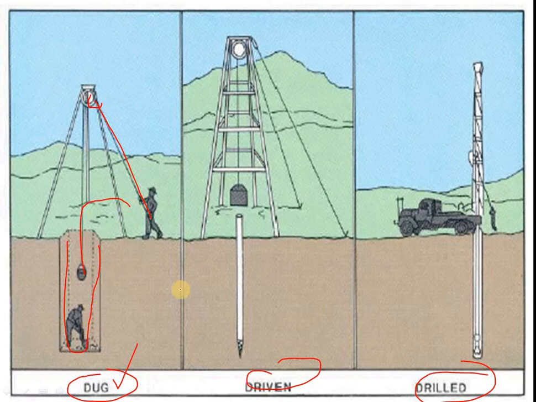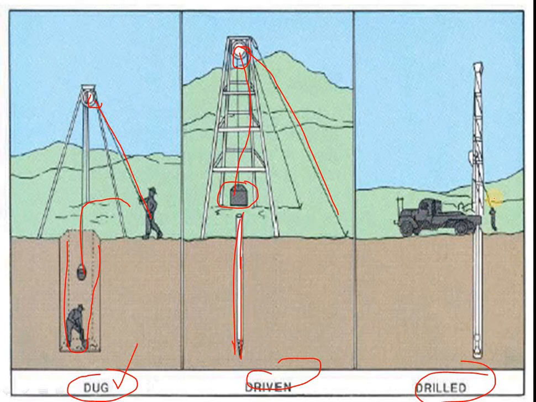This is one type of system. The second one is the driven well, where a heavy weight bar and a rod pipe type will be there. By lifting and dropping the weight on the pipe, and extending it, the pipe goes to the bottom, so that we get the driven well.